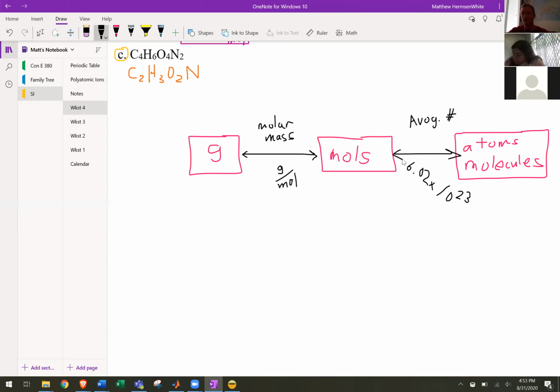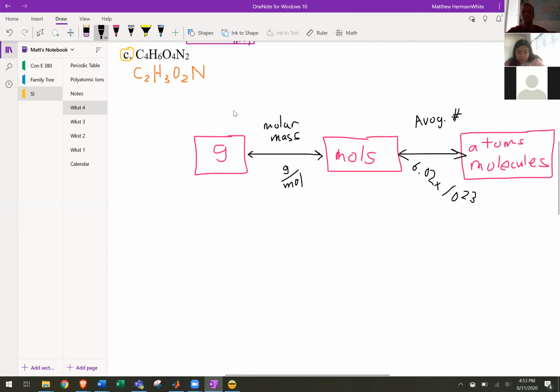Similarly, if you want to go from moles to atoms, we have to use Avogadro's number. So make sure you have this written down or take a picture, because I'm going to move over to the left a little bit again in just a second. And I hope this helps you understand a little more about where we use molar mass and where we use Avogadro's number.